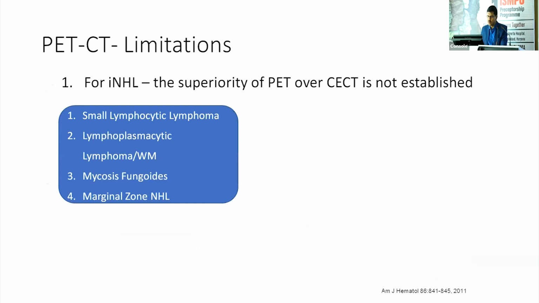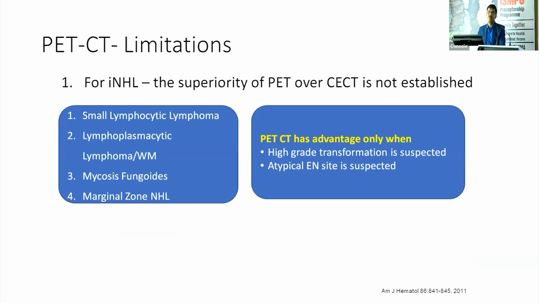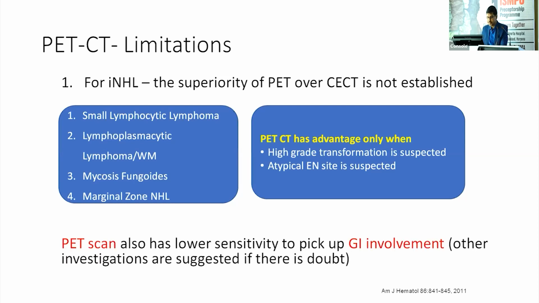Here the superiority of PET CT over CT scan is not established, because the growth fraction, the dividing cells which eat up most FDG, are not very high in these small low-grade lymphomas. So the advantage of PET CT for indolent lymphoma is only when you are suspecting a high-grade transformation, or you are suspecting atypical extranodal involvement, say for example the orbit, and whether this mass is active or inactive. So these are bespoke decisions on whether you want to do a PET CT in indolent lymphoma.